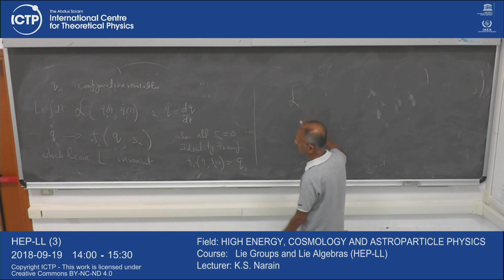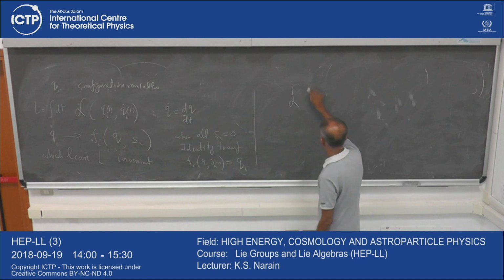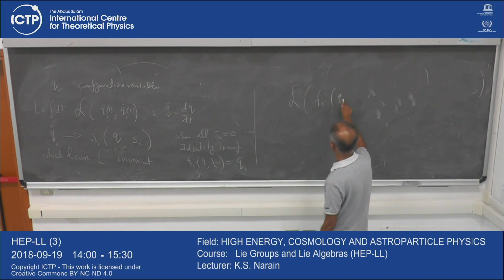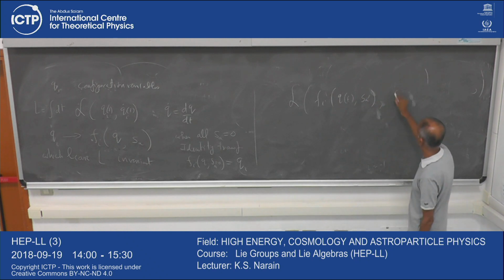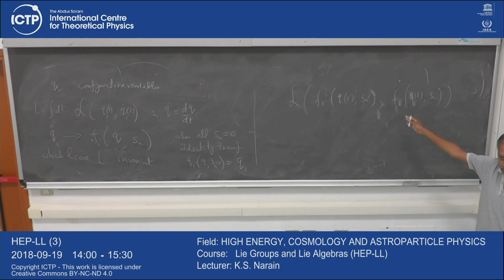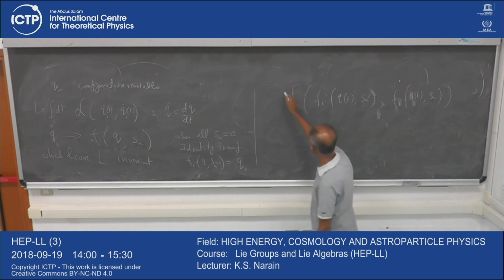We have L, and I evaluate L on these, F_i(q, s^a), with s^a not depending on t, and F_i dot. The Lagrangian depends on that; this is how it would be after the transformation. But we are saying it's a symmetry of the theory, so this is the same as the original Lagrangian.